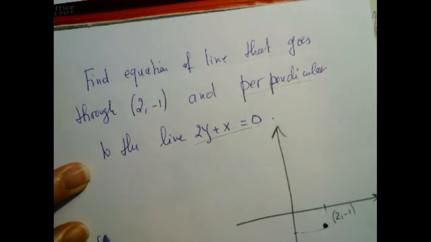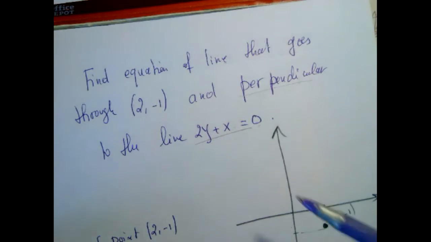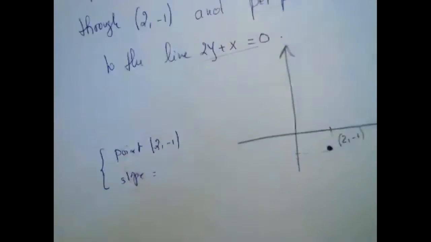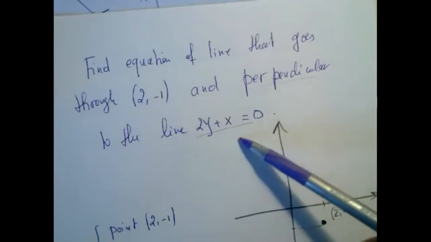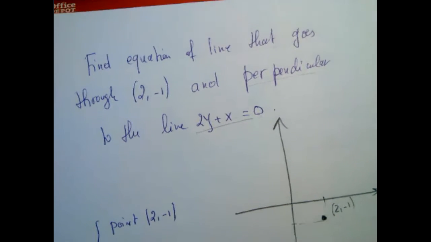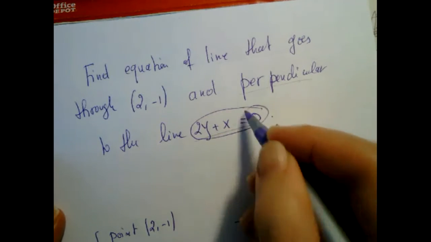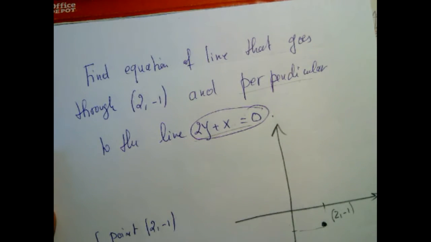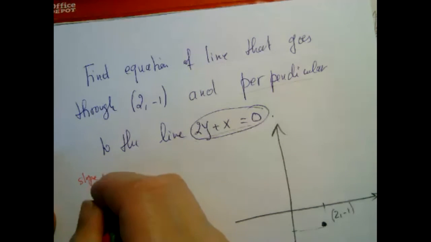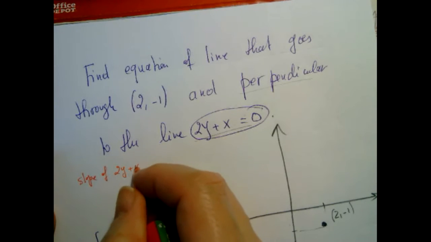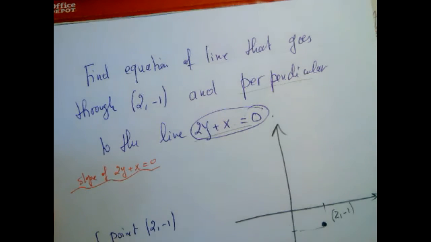To find the slope, I need to find the slope of this line, 2y plus x equal to 0. If I know that, I know the slope of my line. So what's the slope of 2y plus x equal to 0? Can anybody tell me the slope?